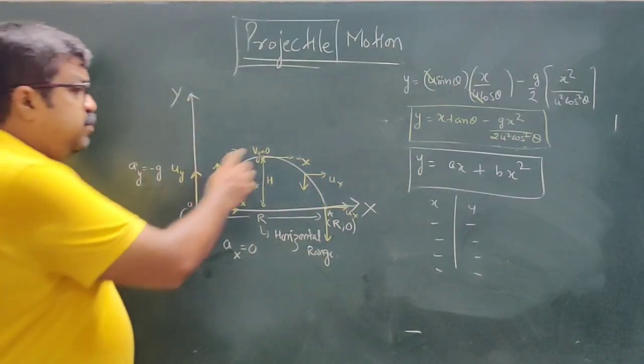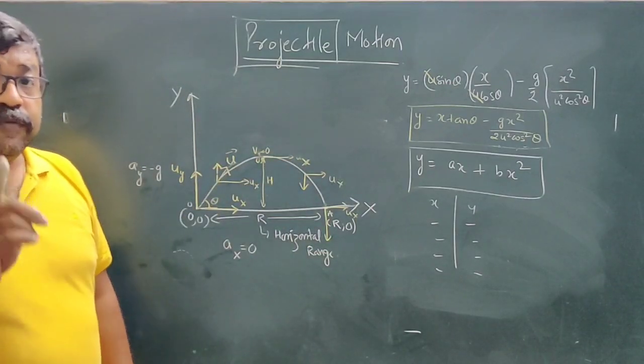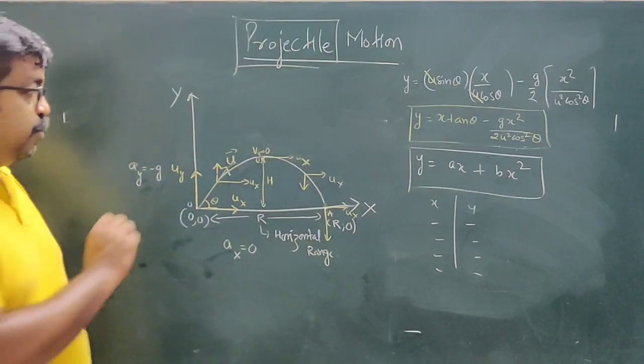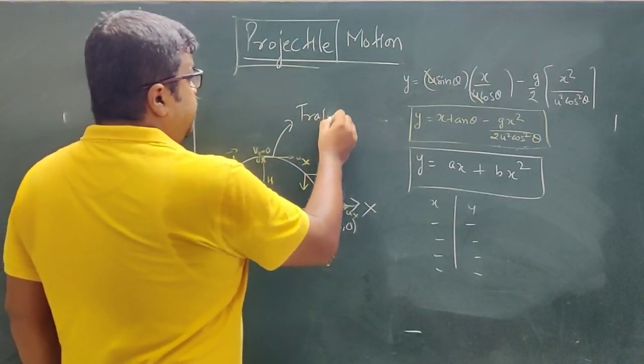okay. What is this path actually? This is the path followed by the projectile under the influence of gravity, isn't it? The projectile is taking this path. This path is called trajectory.